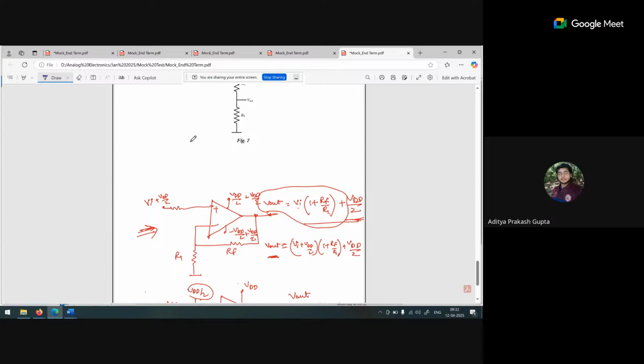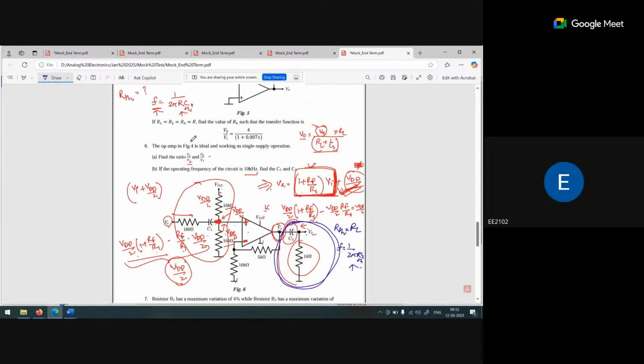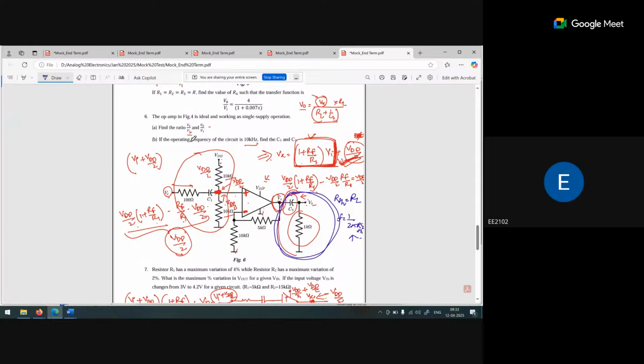But in this equation, there is a VDD by 2 term which is not getting cancelled. No issue. We are not saying that it is a numeric value. That's why we are giving this question as a subjective. Whatever value you are getting, just calculate Vx upon Vi. If it were a numerical value, we could give this question in the MCQ part.